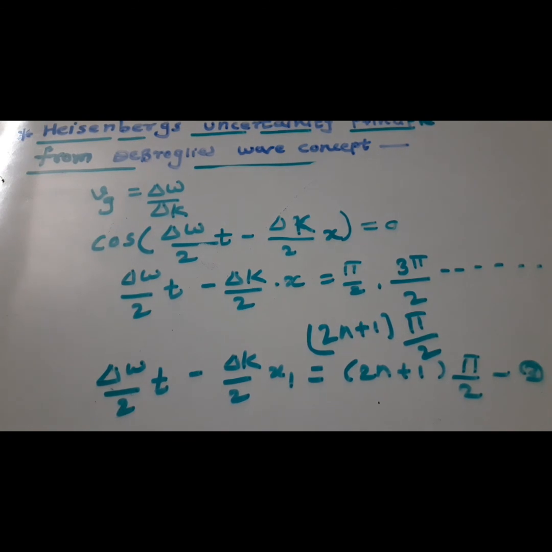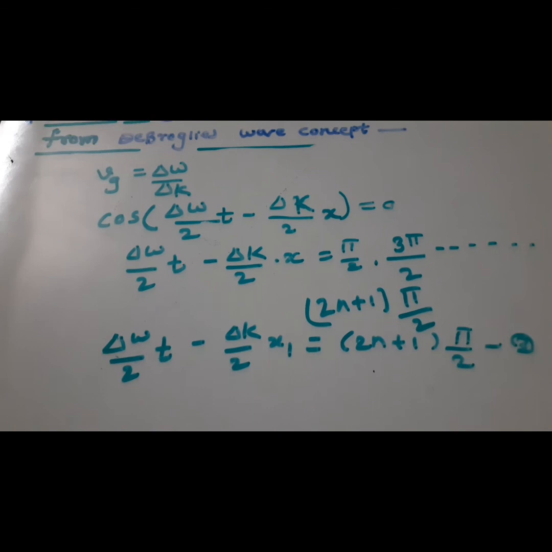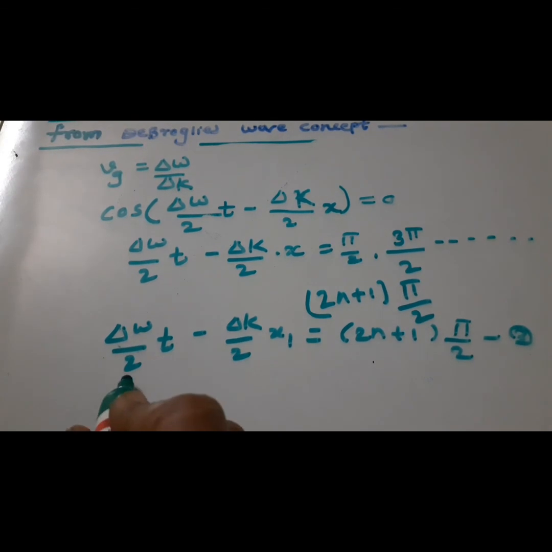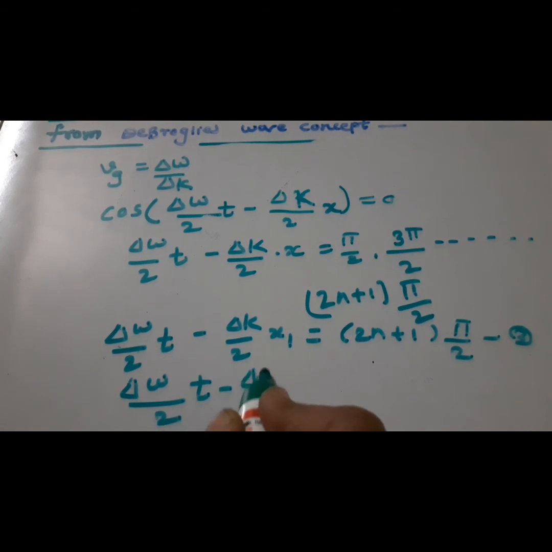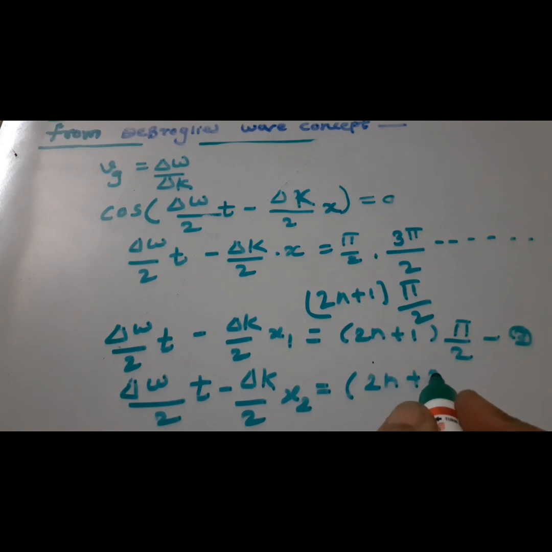Similarly, the second equation can be written, that is delta omega divided by 2 into t minus delta k divided by 2 into x2 is equal to 2n plus 3 into pi by 2.